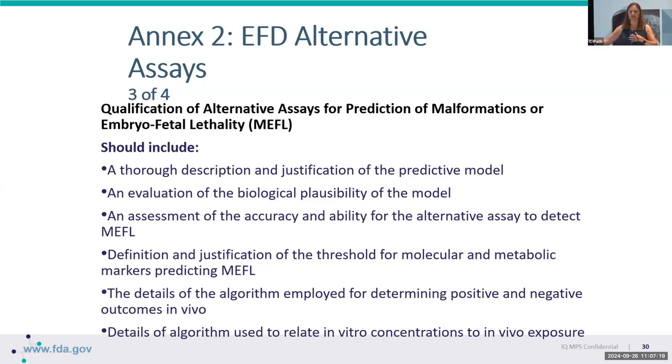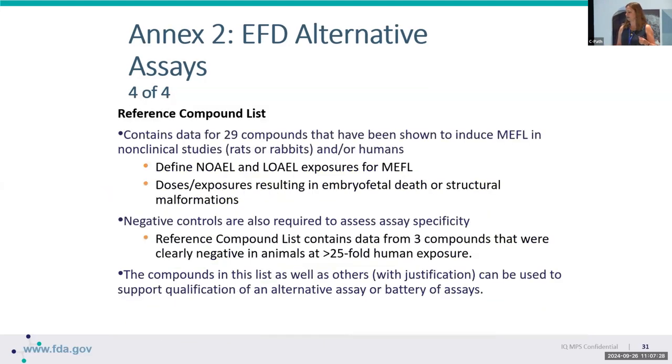How do you make that translation? And do you have adequate data and information to justify that if you're going to be making safety margin recommendations? And then lastly, it contains a list of compounds that you need to use in your assay to identify the positive compounds, the negative compounds, and identify NOELs. And then of course, other compounds can be added with justification to support qualification of that.